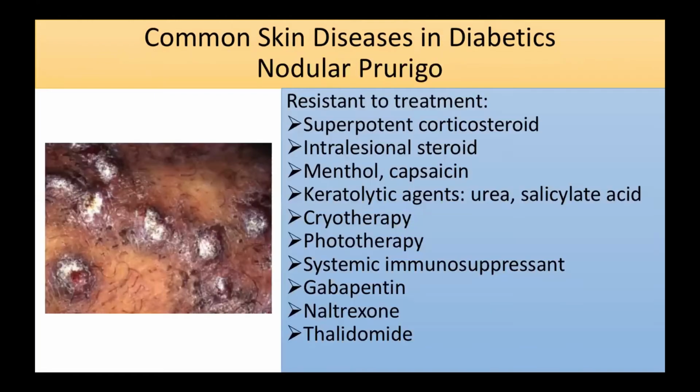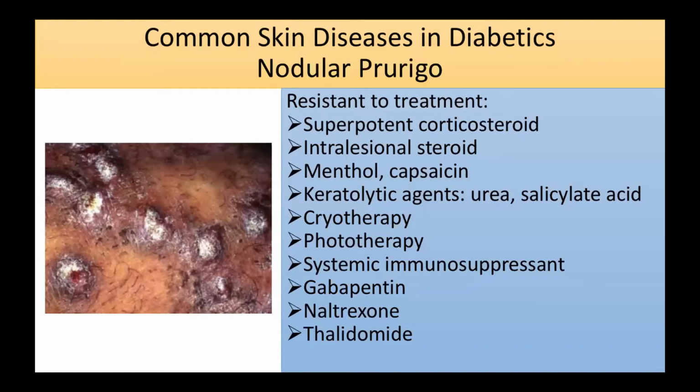All right. If you get into this, then we have no choice but to use a very super potent, strong corticosteroid. We sometimes need to do it in occlusion, and we need to stop the itch by giving you menthol, and hydrate the skin back by giving you a lot of urea and salicylic acid.